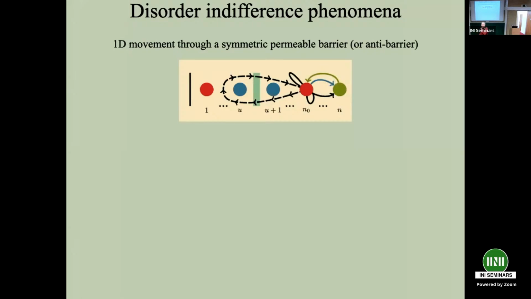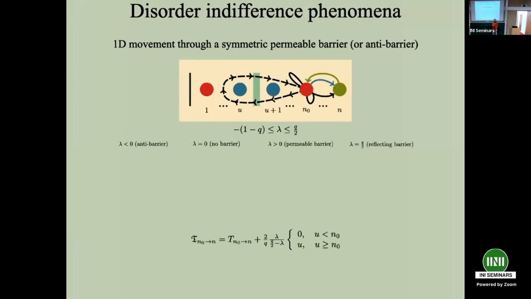Count the number of times that you visit every site; it's one for close and for far. Remember, this works also with bias, inasmuch as the permeable barrier is symmetric, whichever way you want to bias.